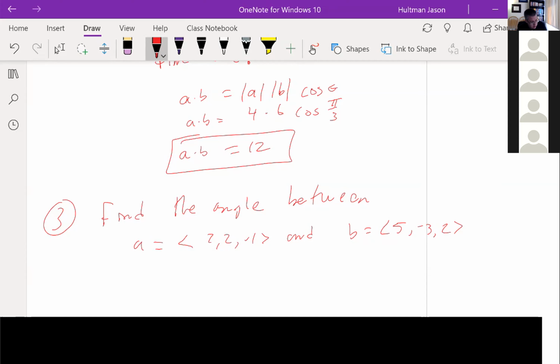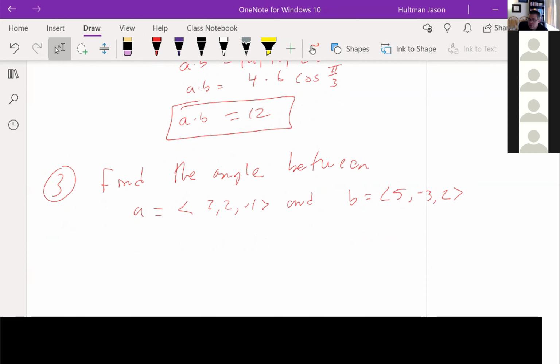So what do we need? We need the magnitude of A and B. We also need to know what the dot product is, right? Yeah. Who said that? Pedro? No, it was me, Hung. Oh, Hung. Okay, thank you. Yes, we need all of those. We need to know what is A dot B.